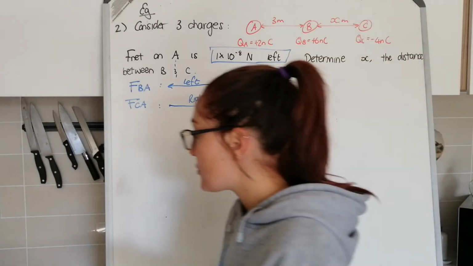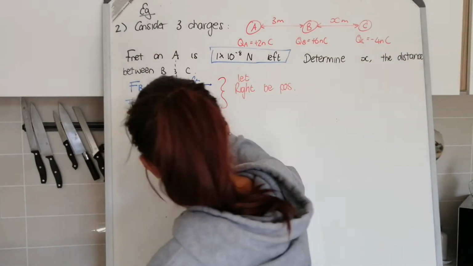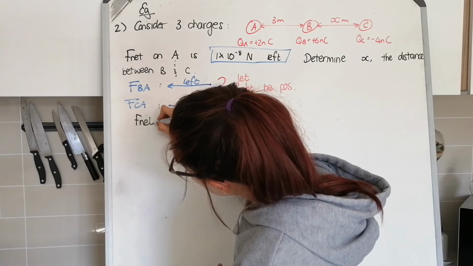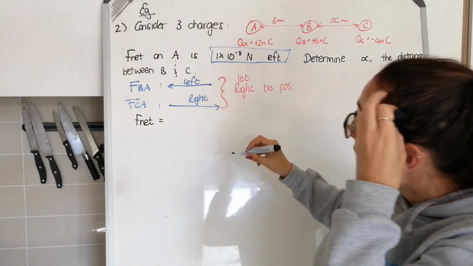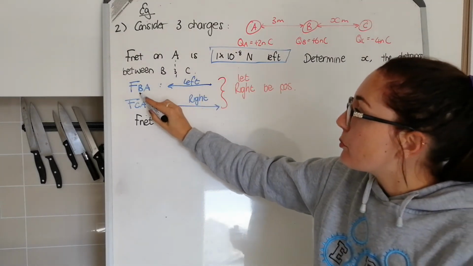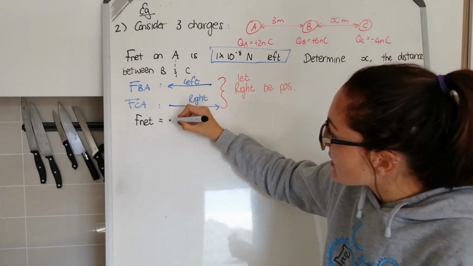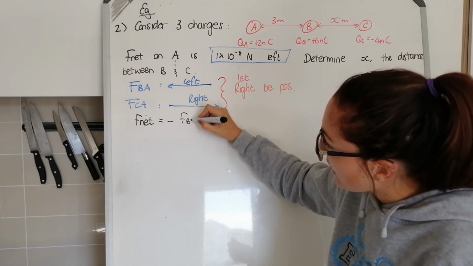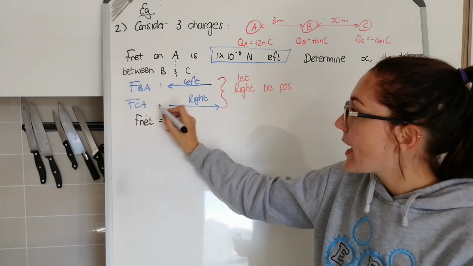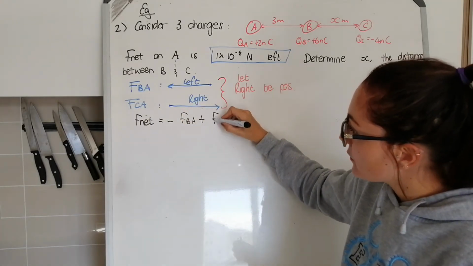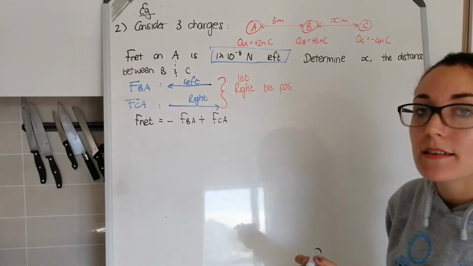And now we set it up just like we did. So we're going to say F net is equal to, okay, the force of B on A is left, so it's negative force of B on A. The force of C on A is right, so that's positive. And now we expand.